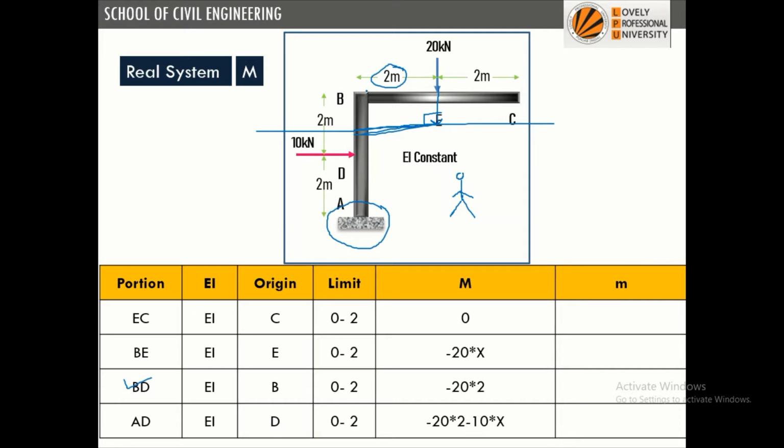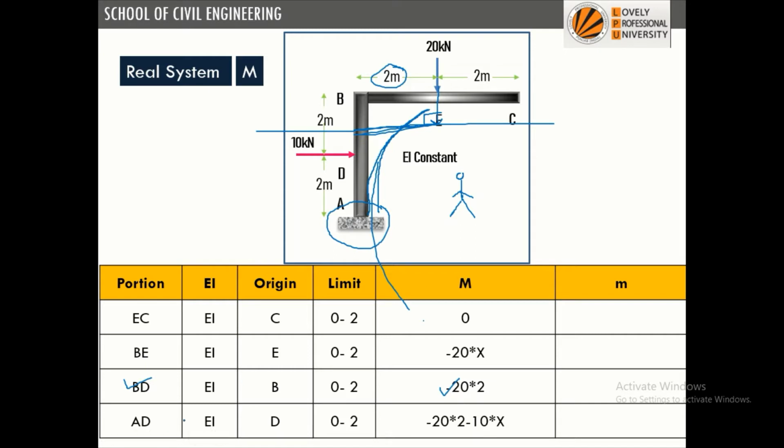Because of this force, this column will bend like this. From the observer, this will be hogging. So again this moment 20 into 2 will be negative because it is creating hogging in the middle.